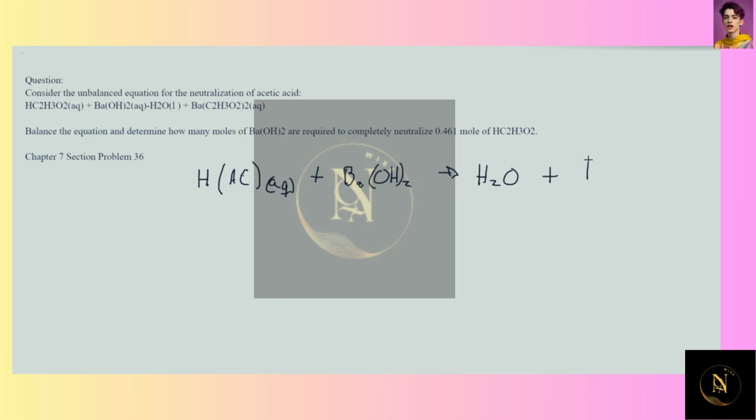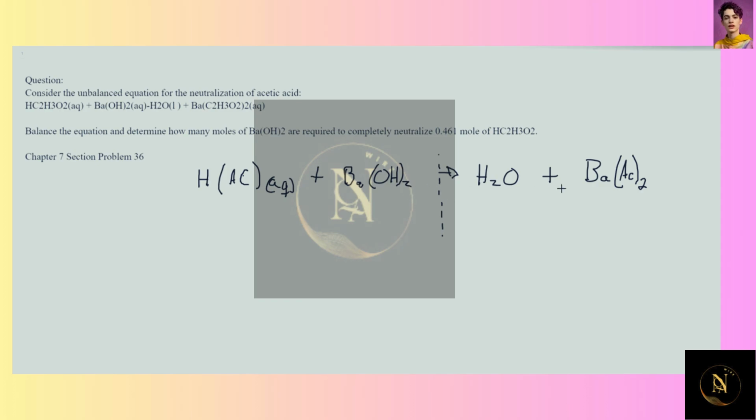To simplify things and save myself a lot of headache, I'm just going to treat the barium as an ion, because that's what it is. And then we've got two of those. So this already looks a little more manageable. Now let's balance this thing.